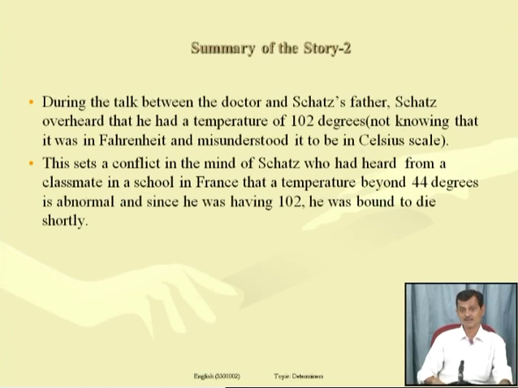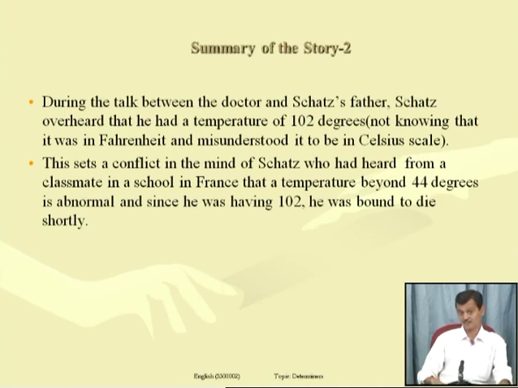over 100 degrees. Now, this is correlated with incidents in the past. In the past, Shaz used to study in a school in France, and from his classmate in school, he happened to hear that a temperature beyond 44 degrees is abnormal.